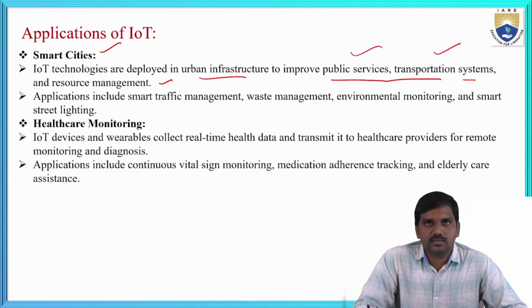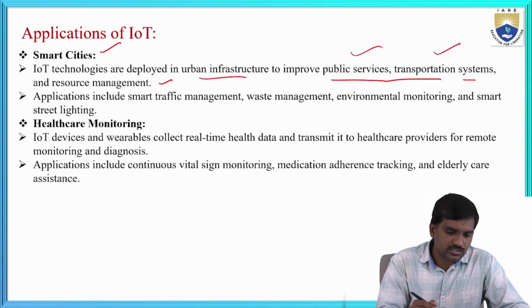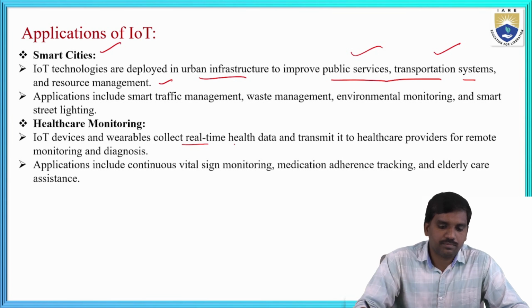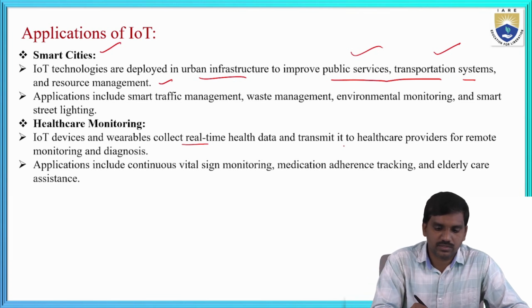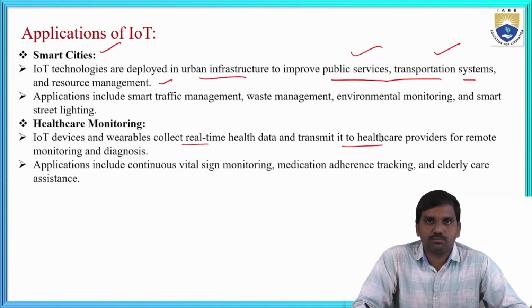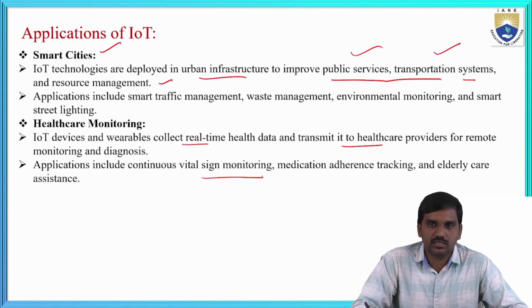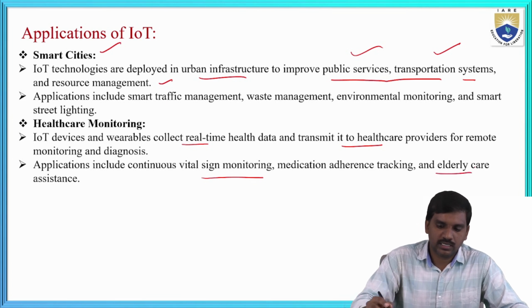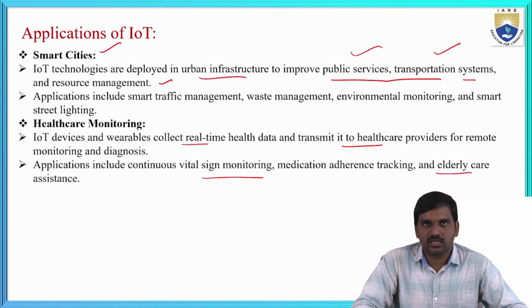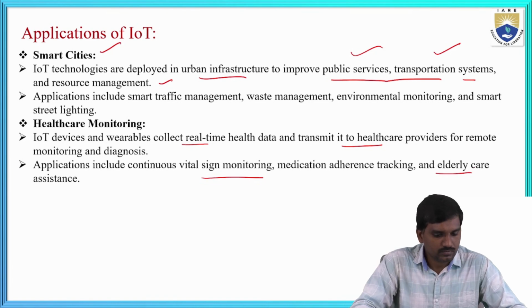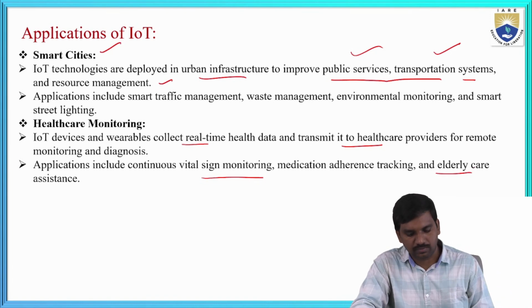Healthcare monitoring, in the medical department: smart devices and wearables collect real-time health data and transmit it to healthcare providers for remote monitoring and diagnosis. Applications include continuous vital sign monitoring, medication tracking, and elderly care assistance, like that. We have so many applications in healthcare monitoring.